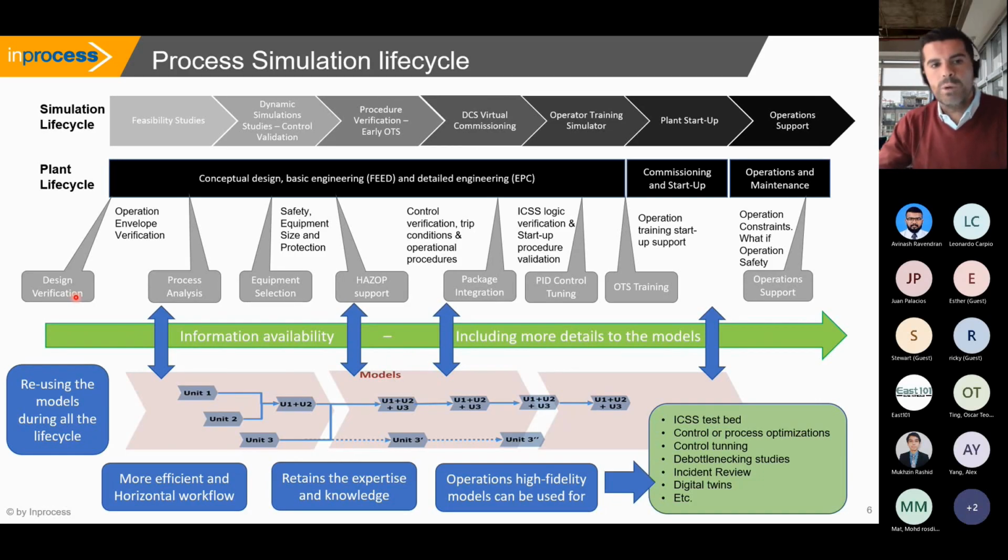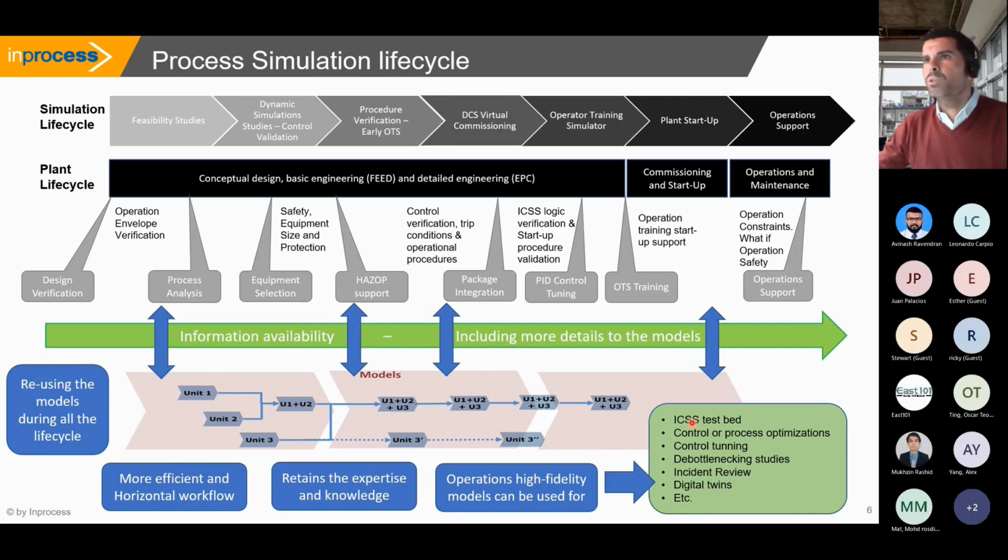But finally, when we first start working with the process engineering team, we later move all this knowledge gathered along those studies into full use by operations with high fidelity, integral, complete models that allow all the team to perform those other findings, right?